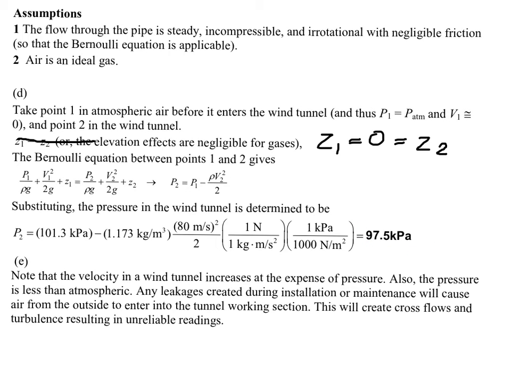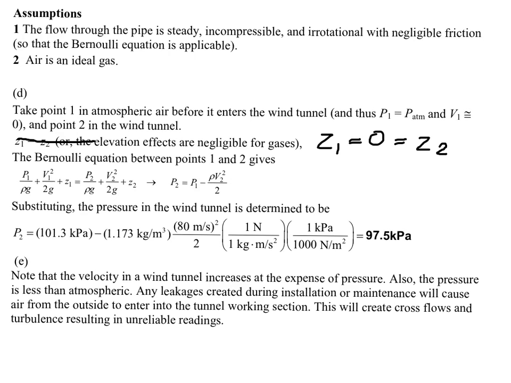If the sealing is not good, there is a tendency for air leakage to come in, which results in all kinds of turbulence, which will not be desirable when you are doing your work in the controlled environment of the working section of the wind tunnel.